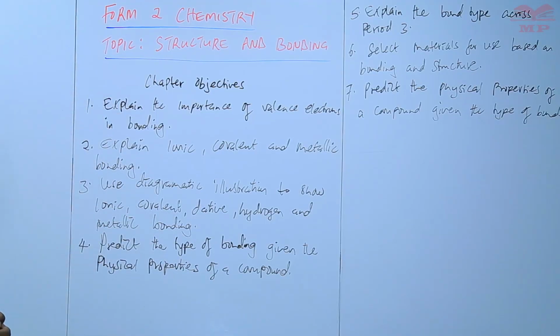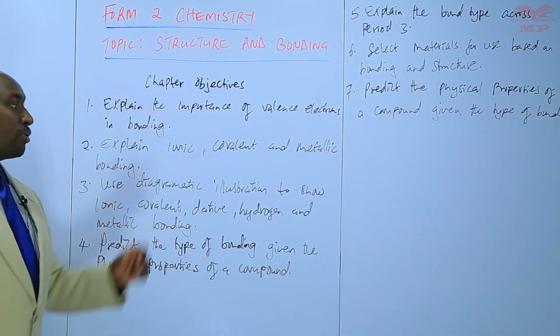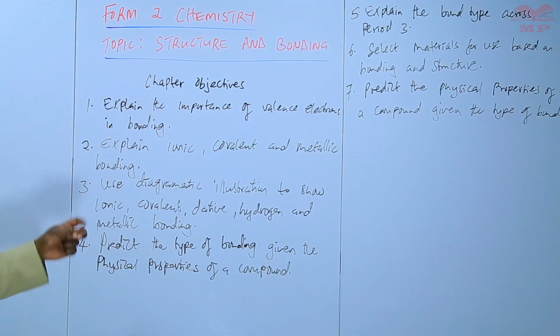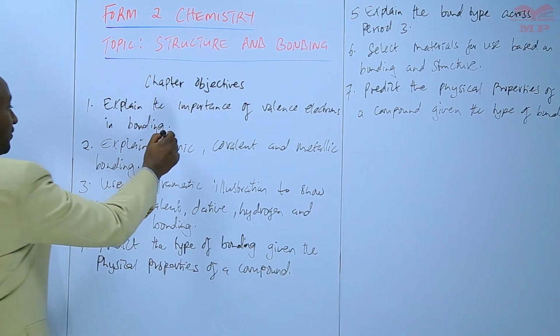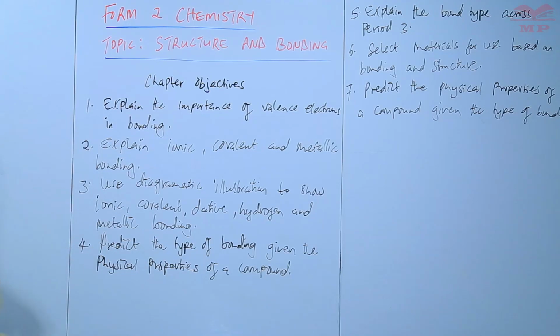Number 2, to be able to explain the ionic, covalent, and metallic bonding, how the different types of bonds are formed.